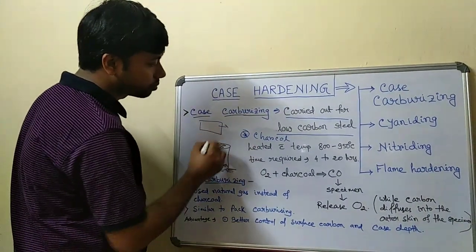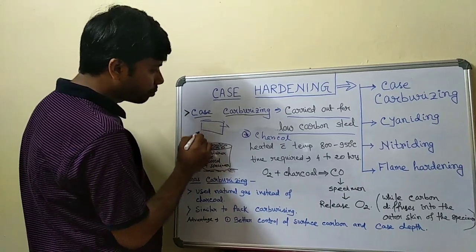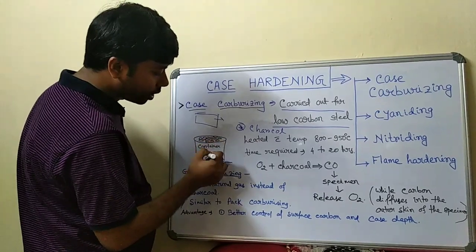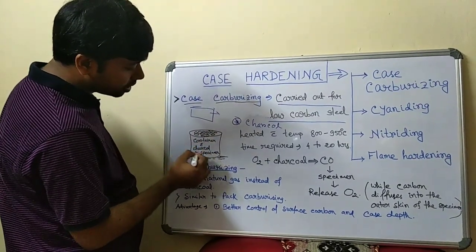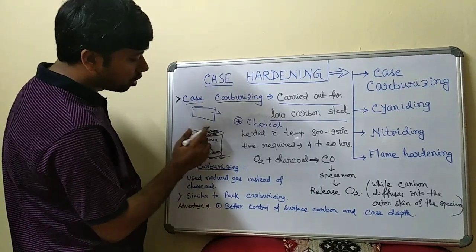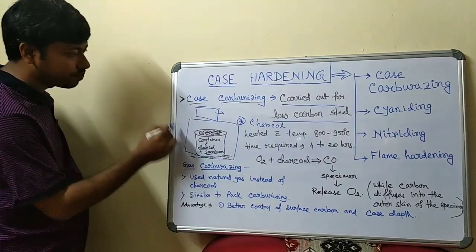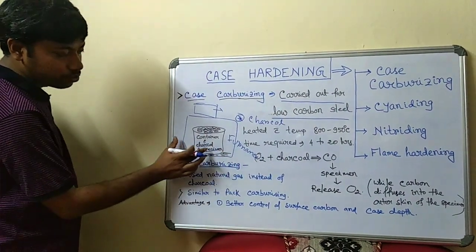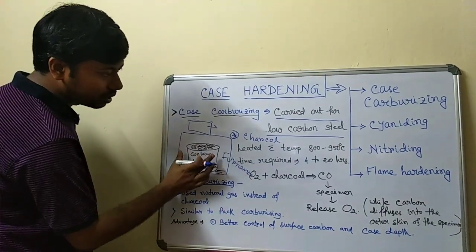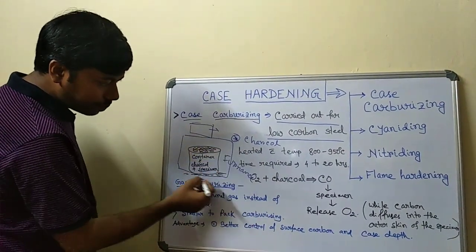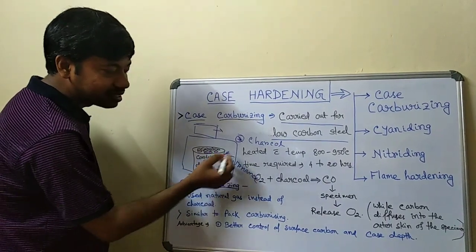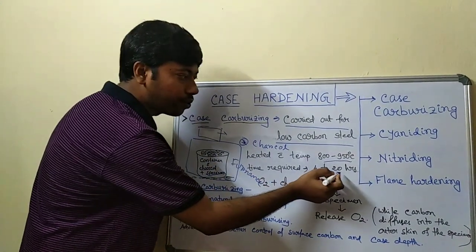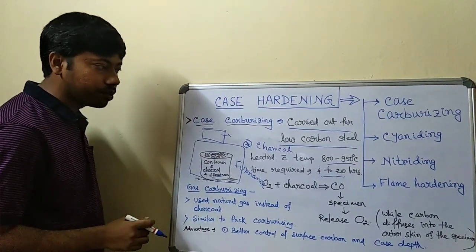You keep the specimen within the container where the charcoal is already present, so it is a mixture of charcoal and specimen. The container with the charcoal plus specimen is kept within the furnace. The furnace is heated to around 800 to 950 degrees Celsius for a time of 4 to 20 hours.